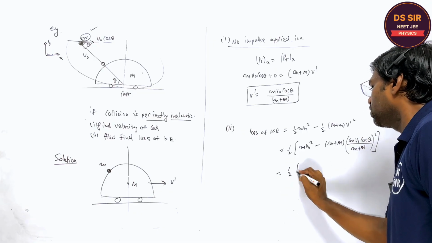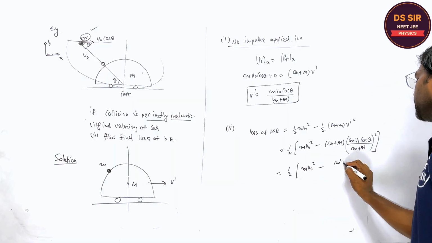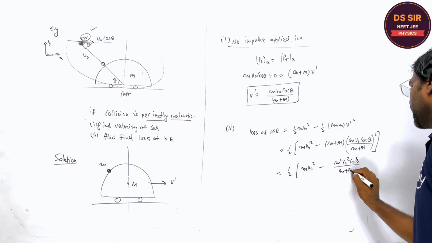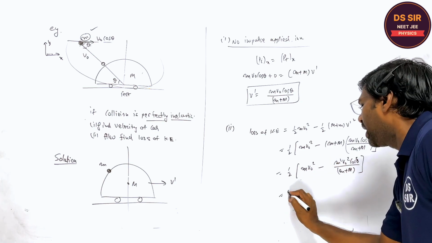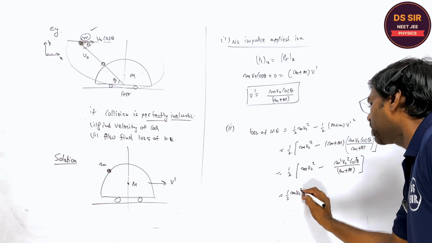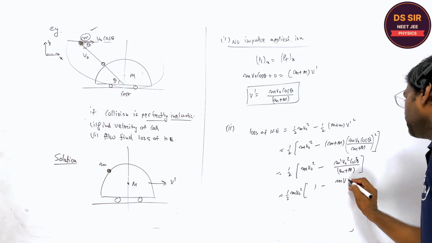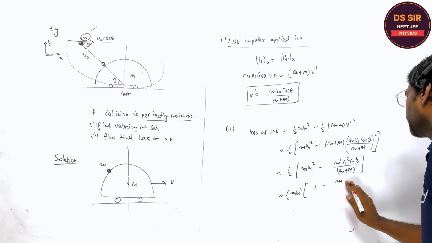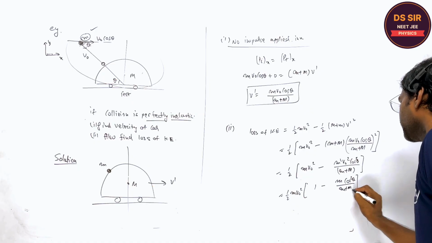This is half m into v naught square minus m square v naught square cos square theta upon m plus capital M. Take half m v naught square common, there is a 1 minus m cos square theta upon m plus M, right?